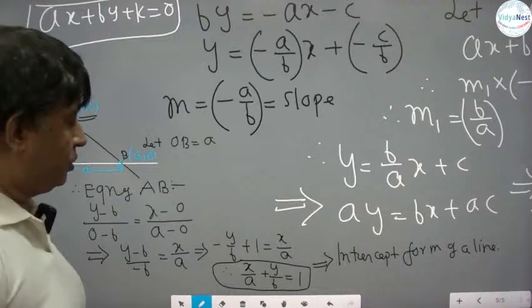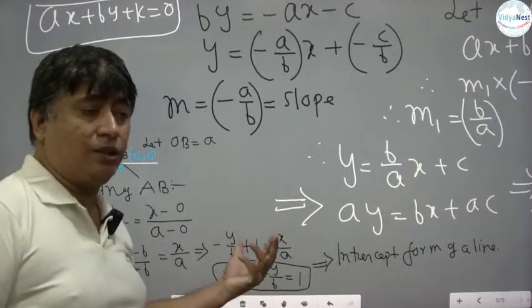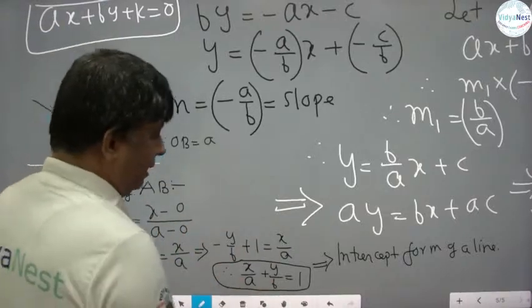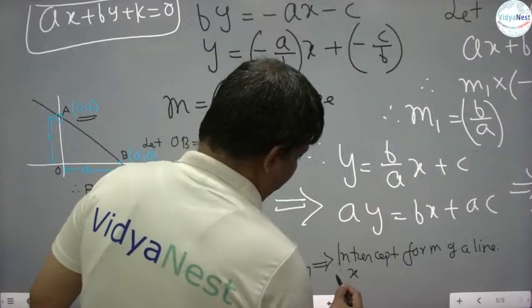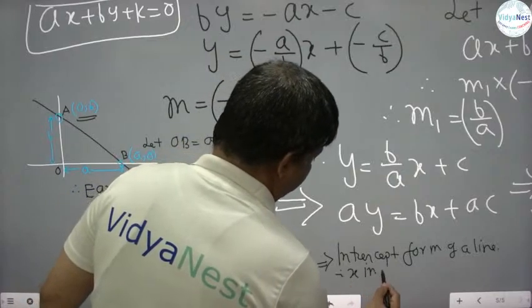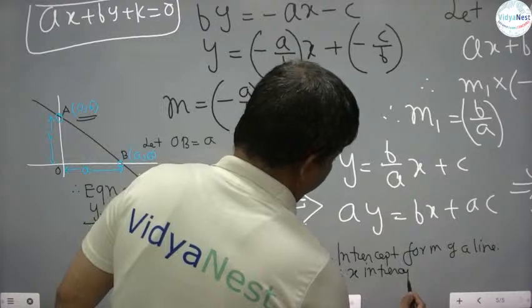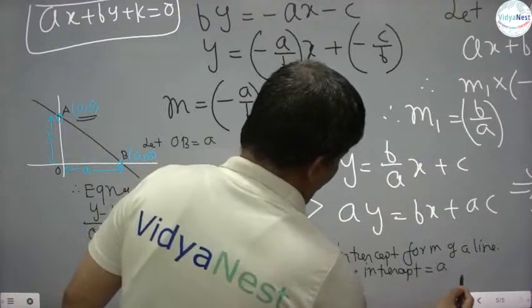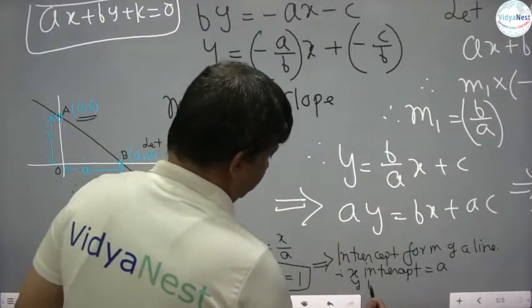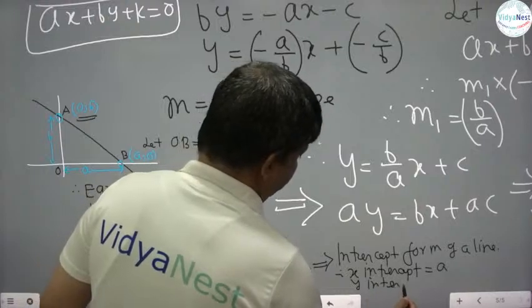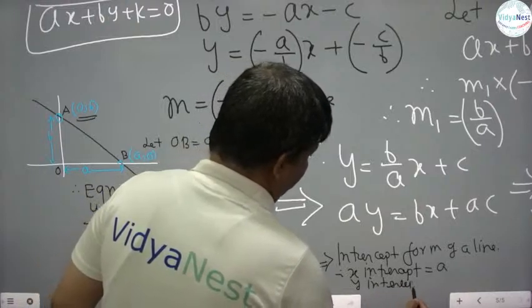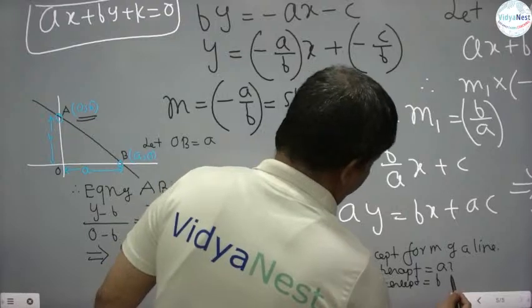Okay, so if you can bring a line in this form, you will get the intercepts. Therefore, x intercept is a, y intercept is b.